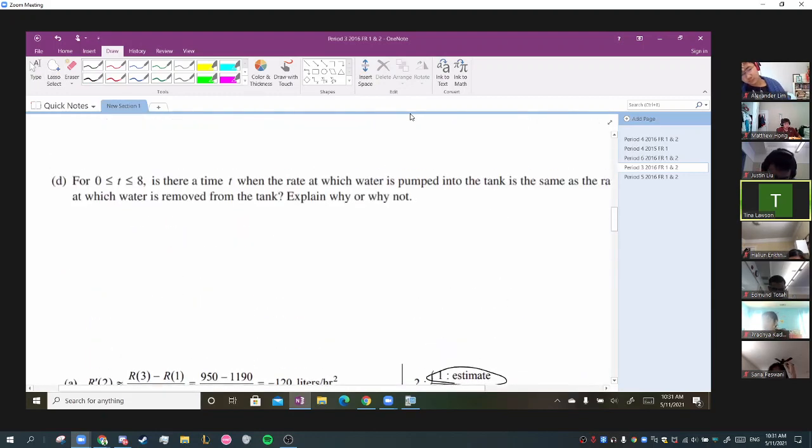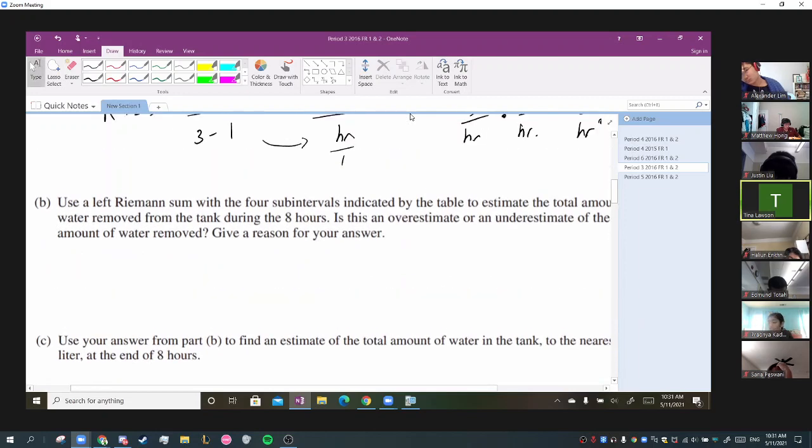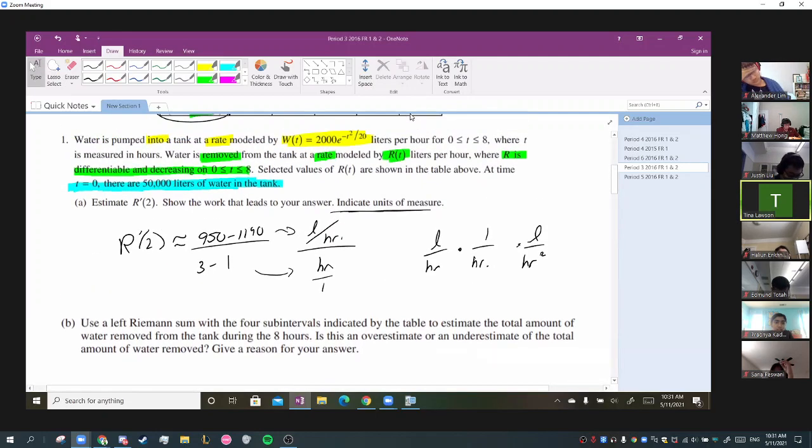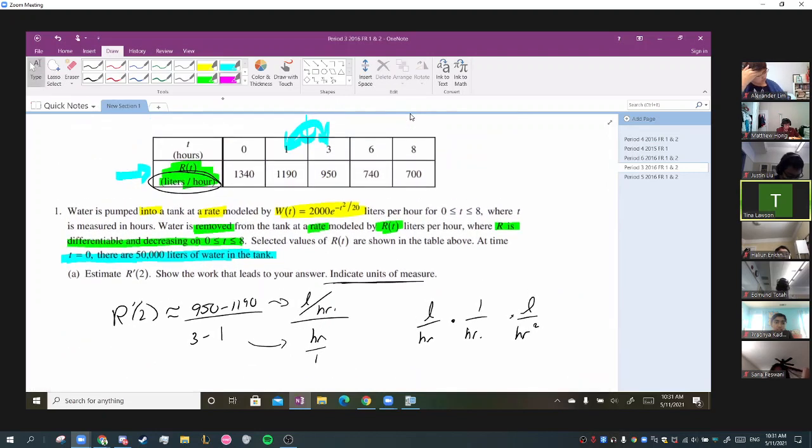Okay, B says use Riemann's sum, with 4 subintervals indicated by the table, to estimate the total amount of water removed from the tank during the 8 hours. Removed. So this right here, highlighted green, was the removed, and this is a rate.